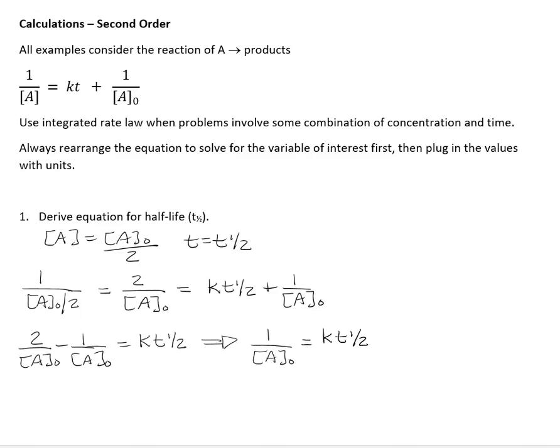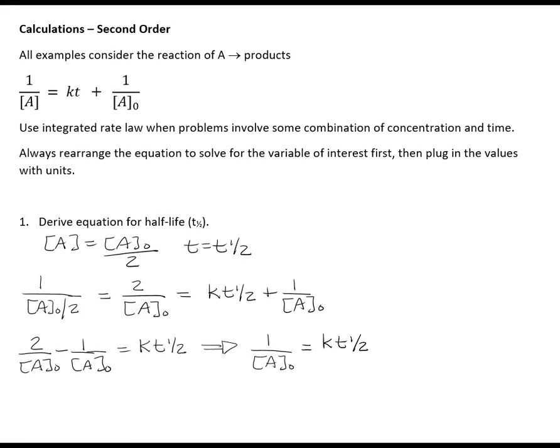And we're solving for T 1/2. That means that we divide both sides by K. So dividing this side by K, K's will cancel, and then putting a K in the denominator here, and we end up with T 1/2 equals 1 over K times A naught.